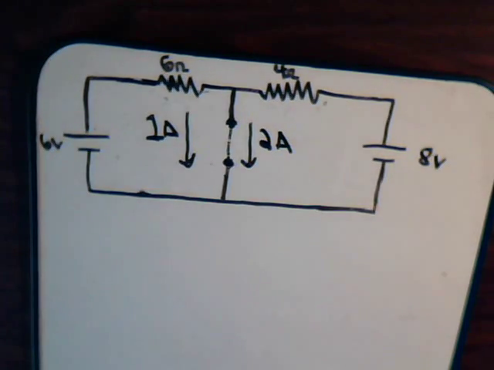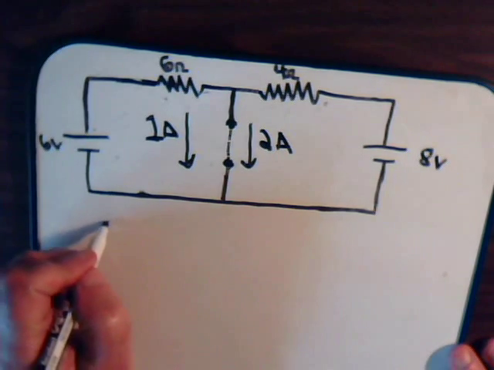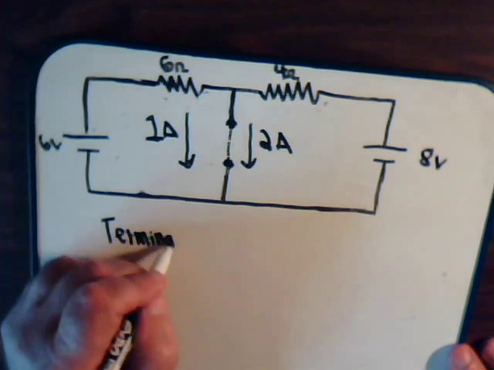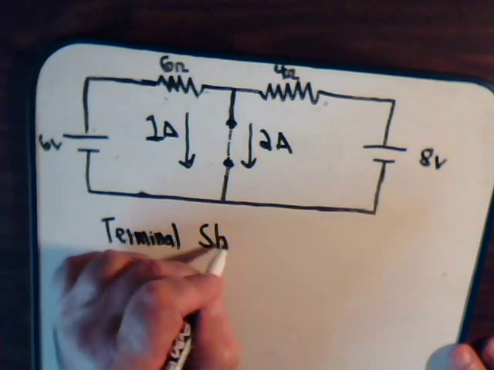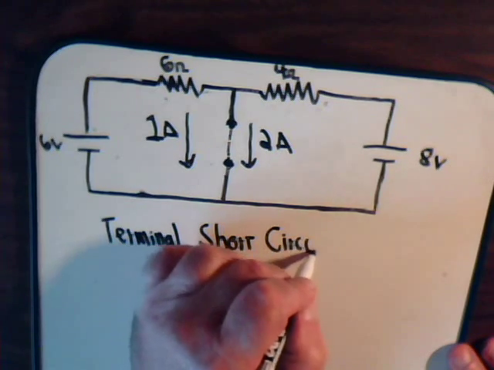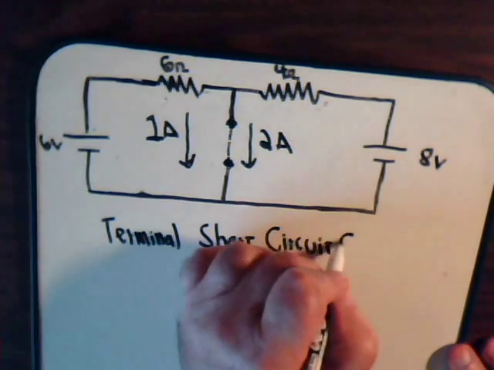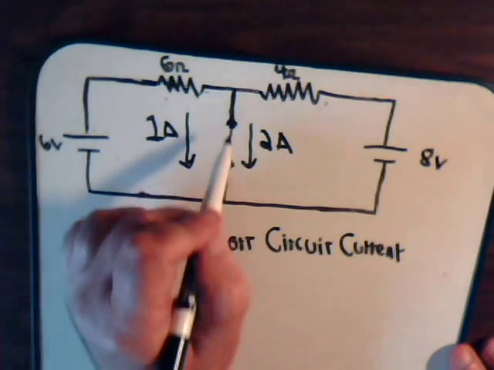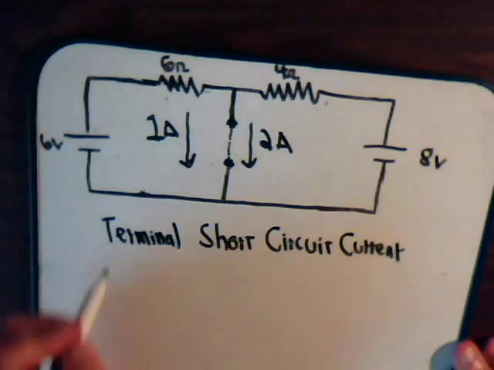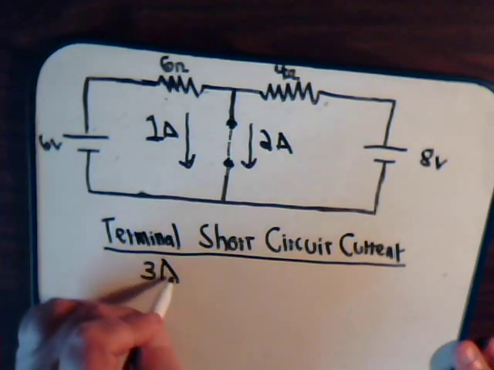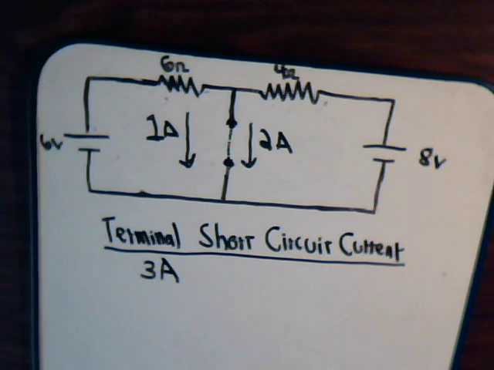So these give us then what we call the terminal short circuit current, because to determine that, we removed our resistor and just put a conductor in there, and that is 3 amps.